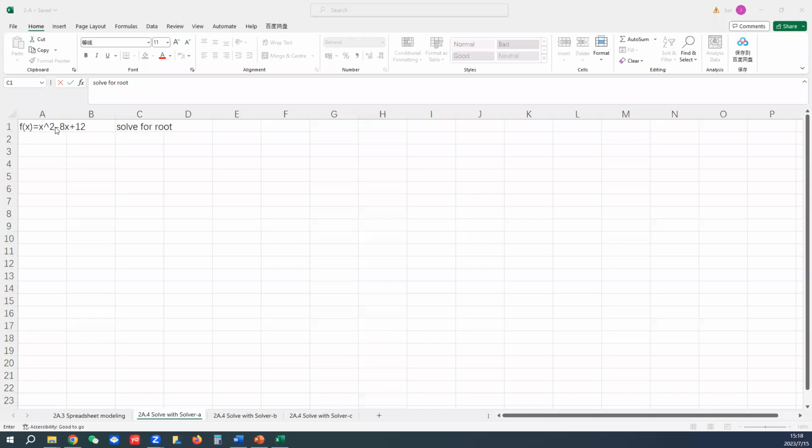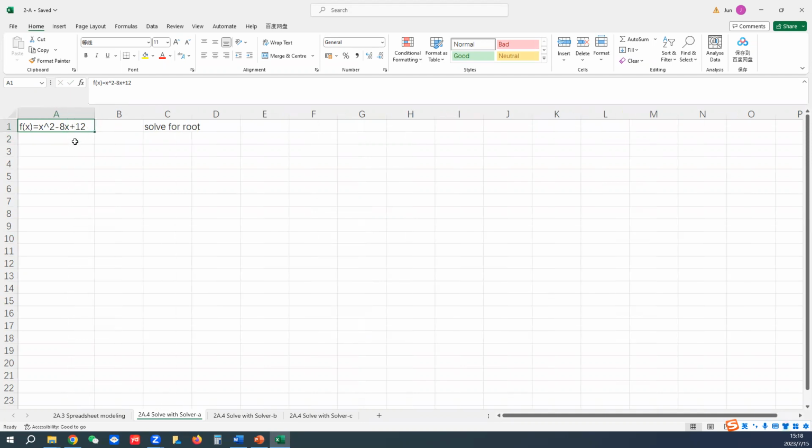Now let's study how to solve for the root of quadratic functions with Excel solver. This is the same method we learned in chapter 1, in week 1. First we set an x, and underneath it the actual value of x that you're going to be invoking.